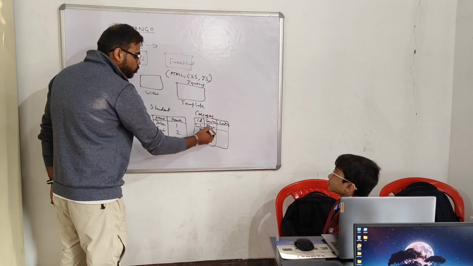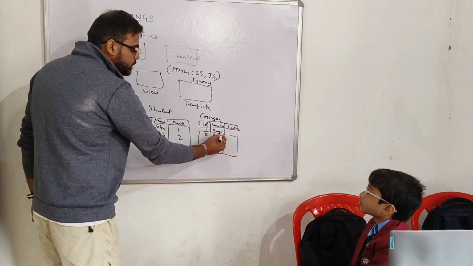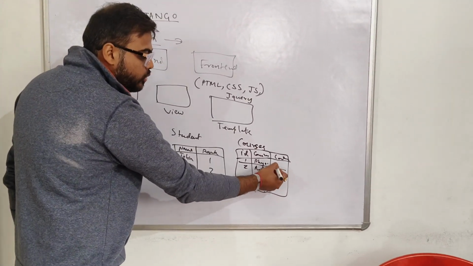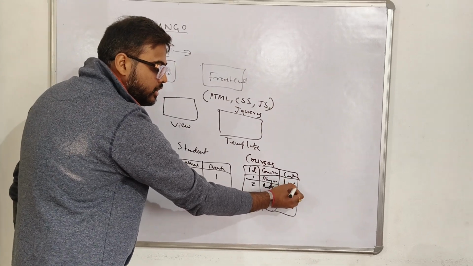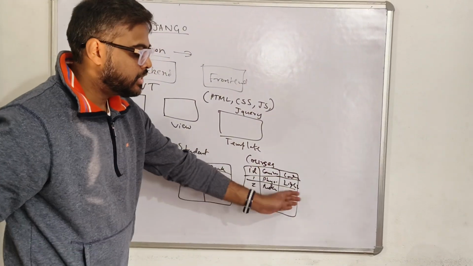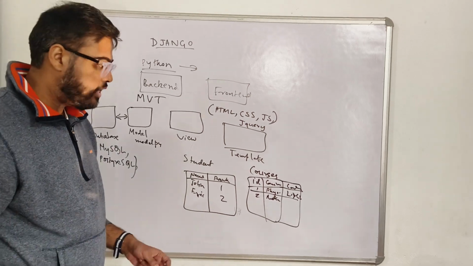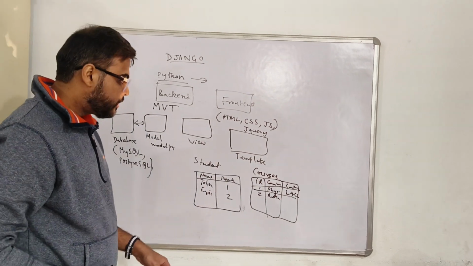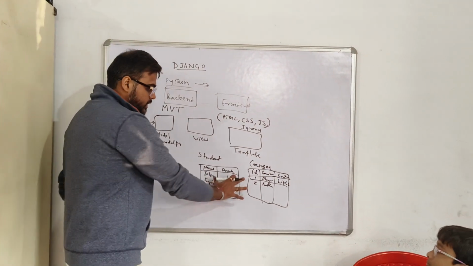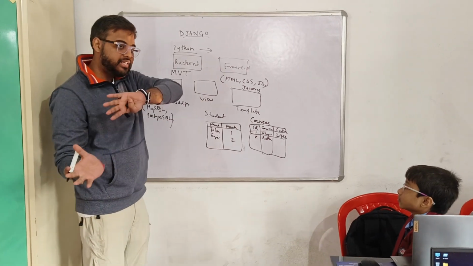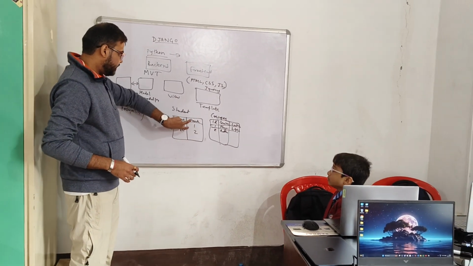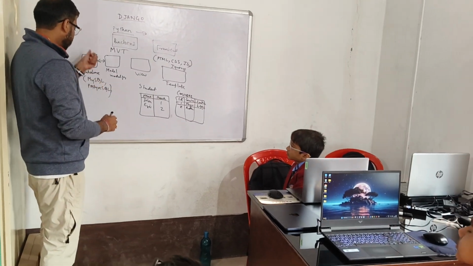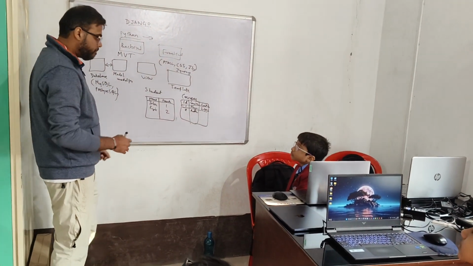ID 2, the course name is maths. And within physics we have things like, for example, the first one is light, the second one is another chapter. So each chapter will be a content. All of this is the database which sits at the very back, and all these tables are sitting in your database.